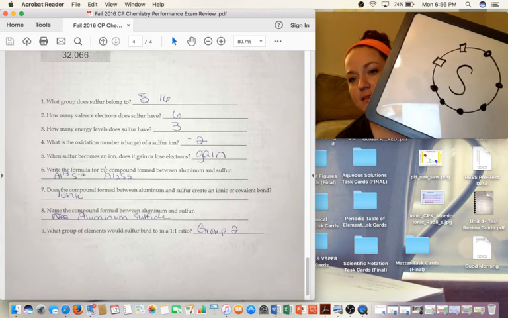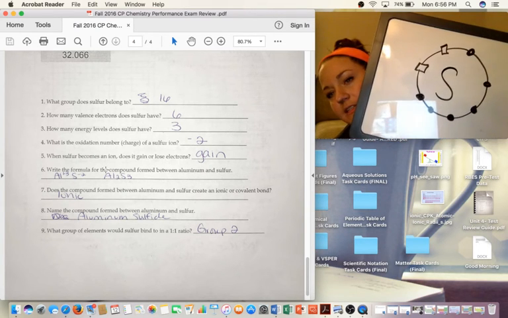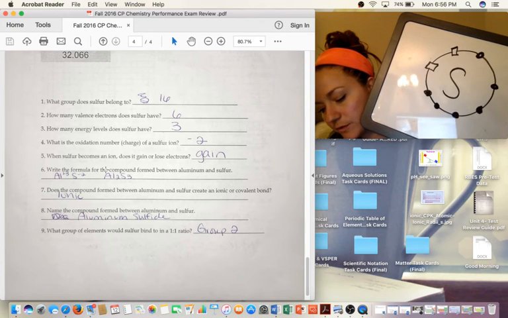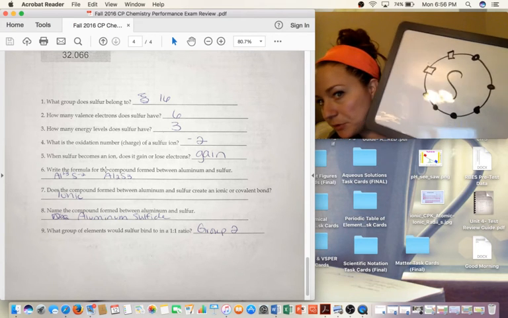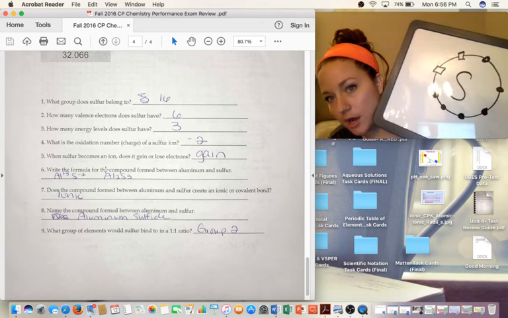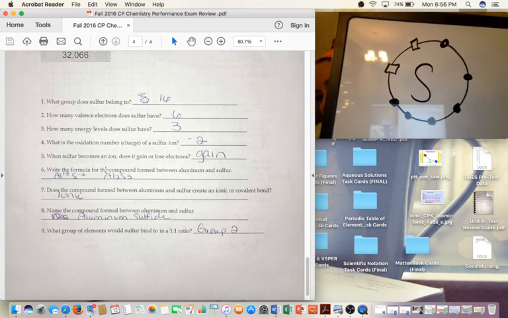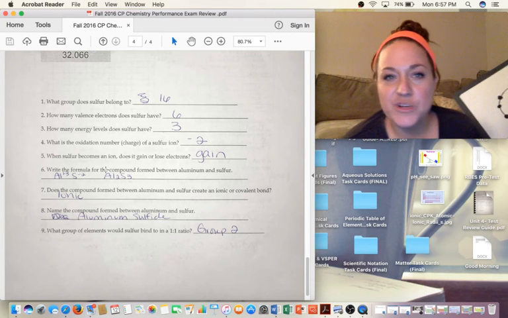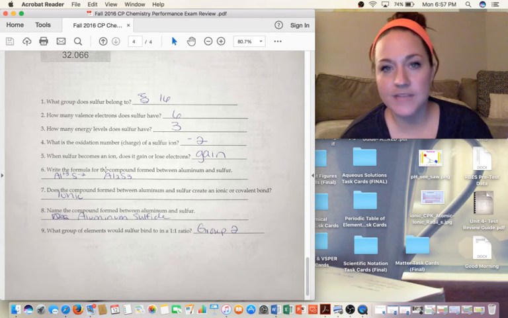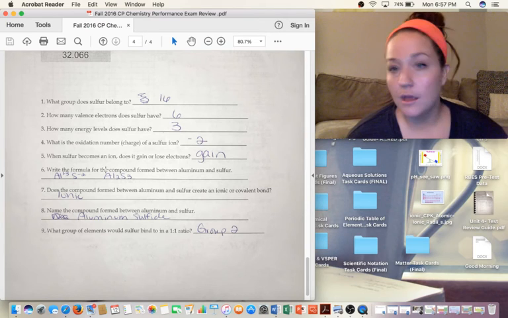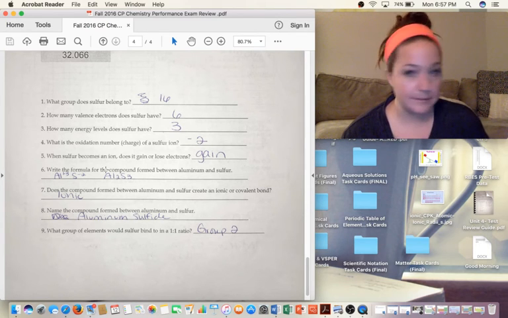Think about it this way: is it easier to take 6 people to a friend's house or to bring 2 people over to your house? Probably just bring 2 over versus 6. So he is going to gain 2 electrons when he forms that ionic relationship.